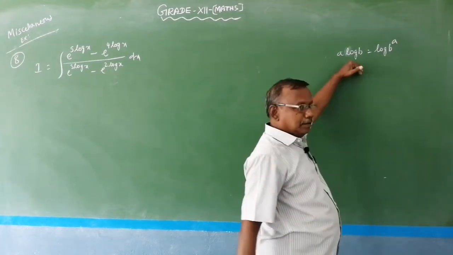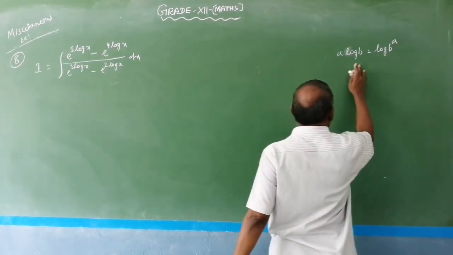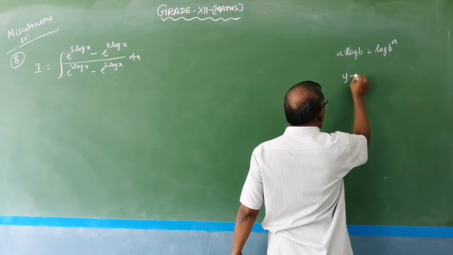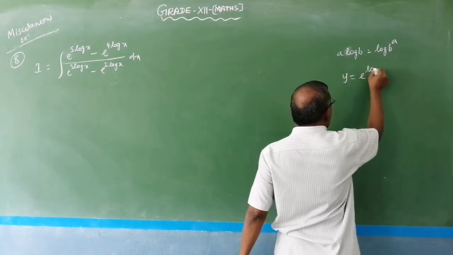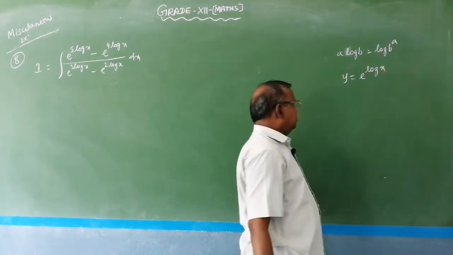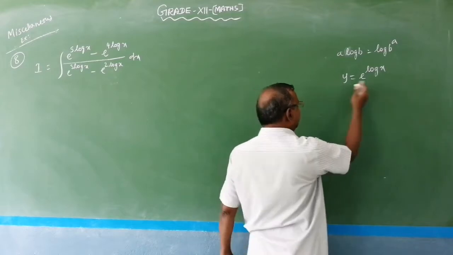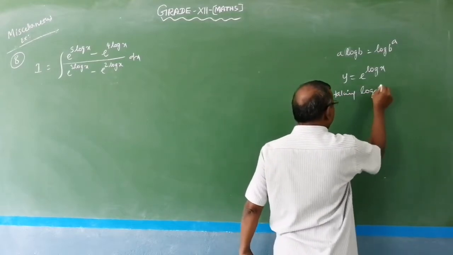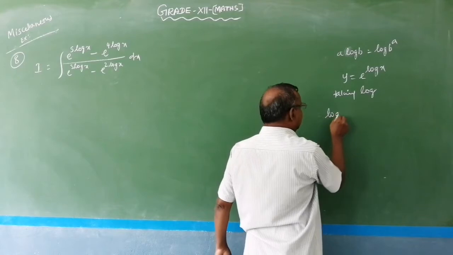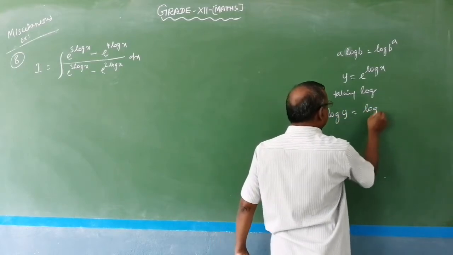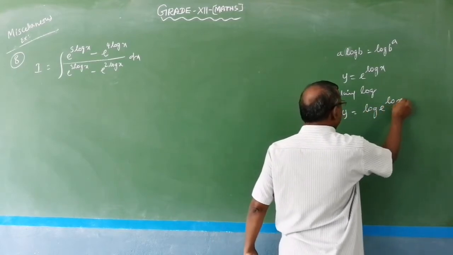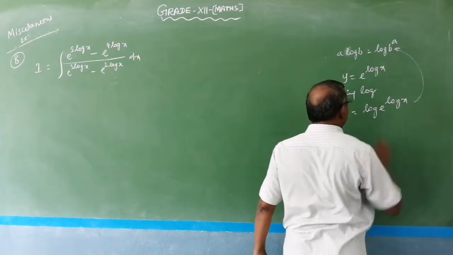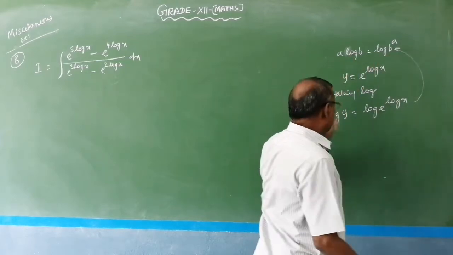So, it is a rule in log, and let y equal to e power log x. Consider y equal to e power log x. Taking log on both sides, we have log y equal to log e power log x. But by this rule, we can bring the power to the front.